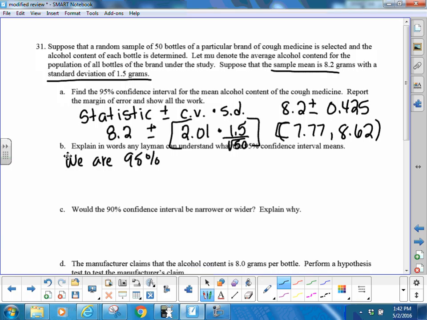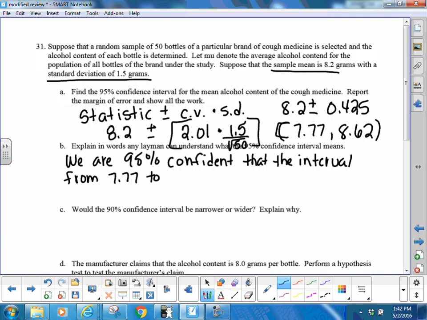We are 95% confident that the interval captures the true mean, and true mean that will hit that population mean, or you can say the true population mean, either one.